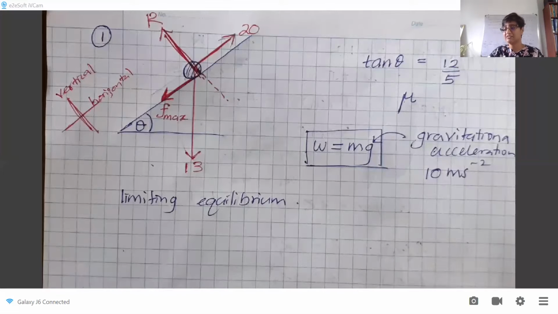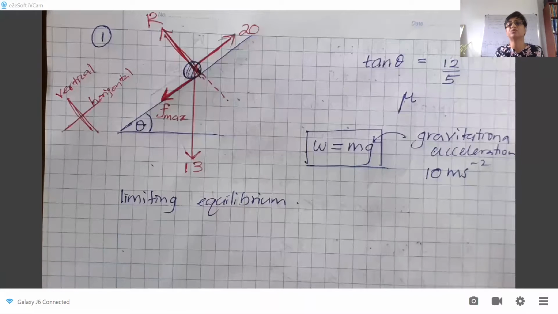What is that? If the system is in equilibrium, my system is just a particle, my particle is in equilibrium, I can consider vertical equilibrium and horizontal equilibrium. Vertical equilibrium means I equate upward forces to downward forces. Horizontal equilibrium means I equate rightward forces to leftward forces. I get two equations. Whatever I want to find can be found using those two equations. That's it. Here it happens to be mu that we are finding.